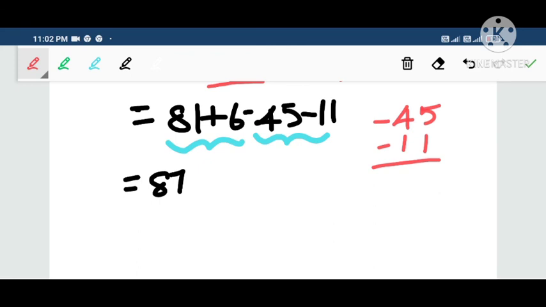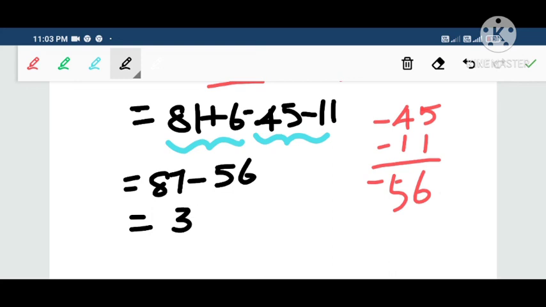When the numbers have the same symbol, whether plus or minus, plus means you take plus, minus means you take minus in the answer. Here I take minus 45 and 11, and we add in this condition. 5 plus 1 is 6, 4 plus 1 is 5. So we get minus 56. Automatically you know that you need to subtract. 87 minus 56 is 31.